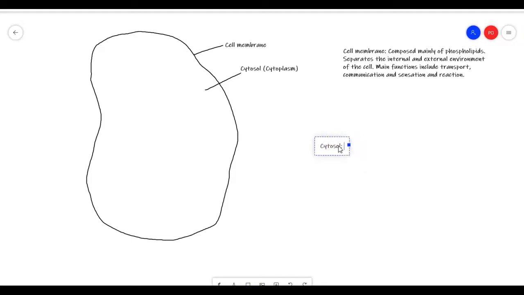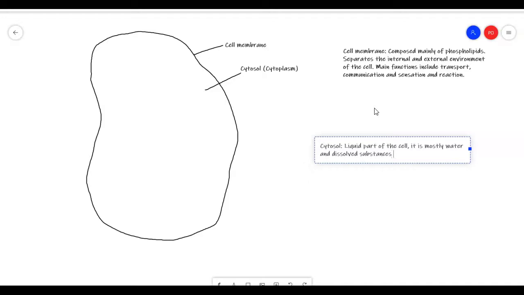And as you see, I will use the different words completely interchangeably. So sorry about that. But a cytosol is the liquid part of the cell. And it is mostly water, and dissolved substances, so ions, salts, and so on, but it also has proteins, sugars, and many things like that.